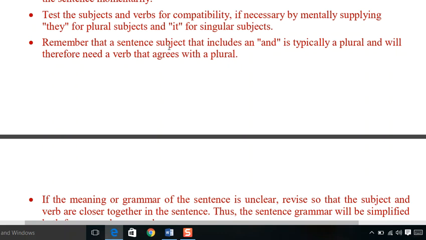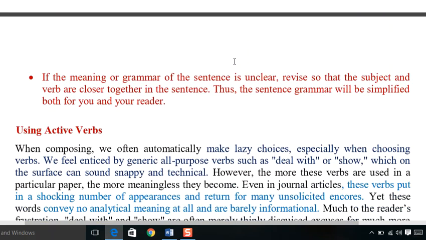Remember that a sentence subject that includes an and is typically plural and will therefore take a verb that agrees with a plural. I mean, when there are subjects joined by and, like blood and saliva, they are normally taken as plurals. If the meaning or grammar of the sentence is unclear, revise so that the subject and verb are closer together in the sentence.